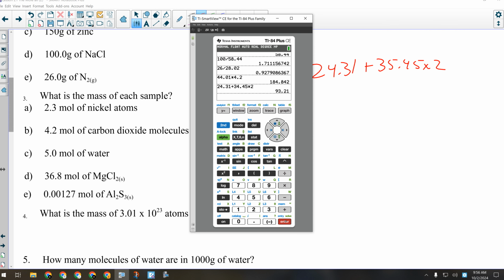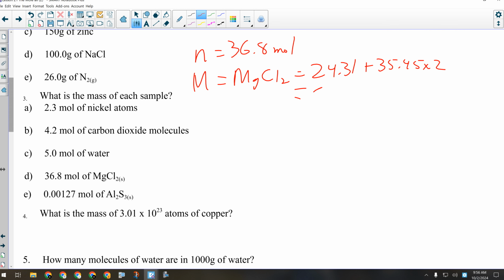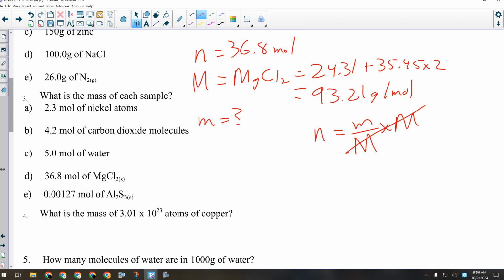Okay, so 93.21 grams per mole for the molar mass. Okay, we're looking for little m, right? Which means we're going to have to manipulate, again, in the only way we ever have to manipulate that formula. Okay, multiply both sides by big M.